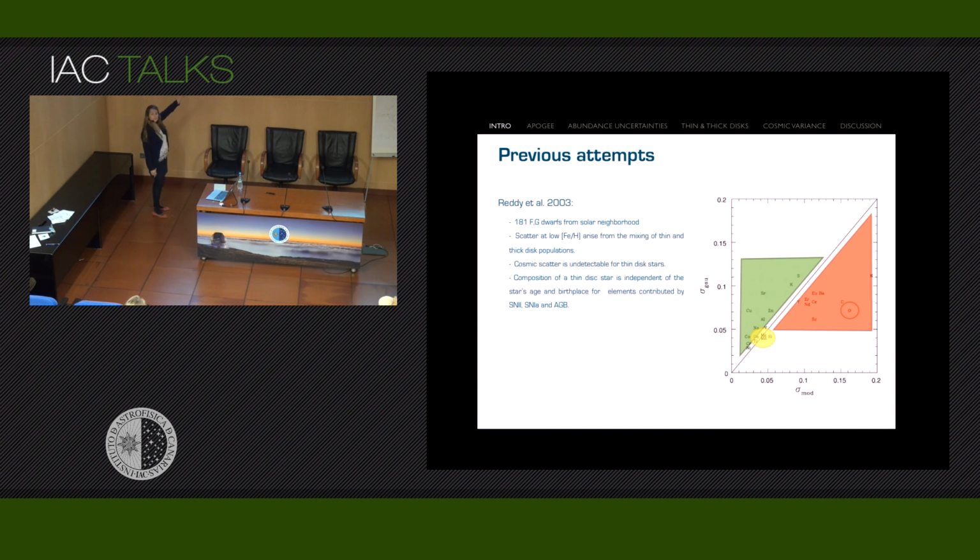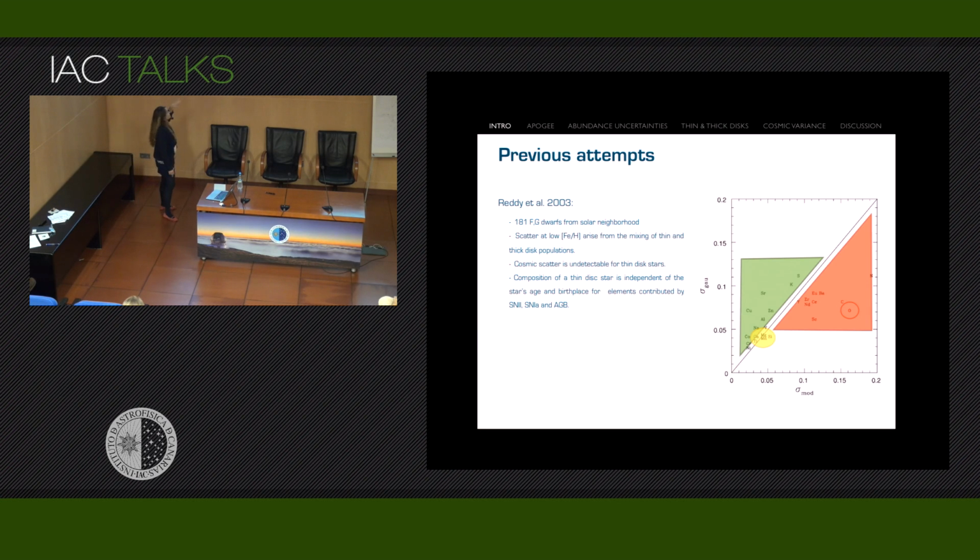In the red one, you are basically overestimating your errors because the scatter that you expect is much larger than the one you are actually measuring. But in the green area, it can be two possibilities. Either you are underestimating your errors, and that's why you are measuring a larger scatter, or you are actually detecting some cosmic scatter. In this case, he is probably underestimating his errors.